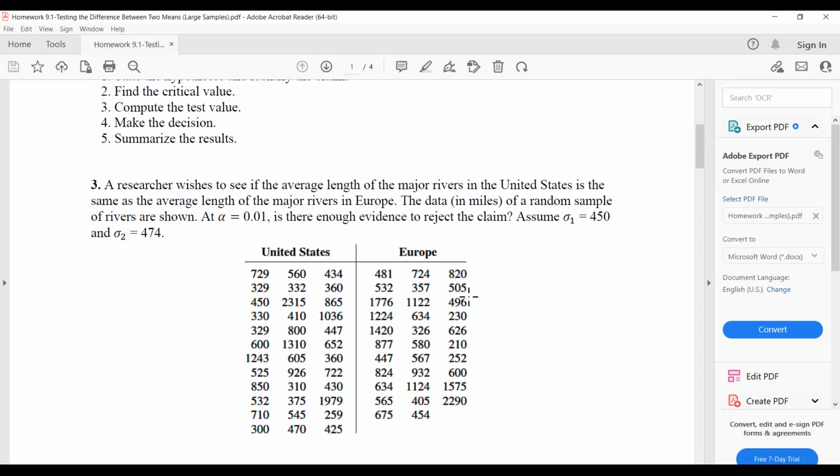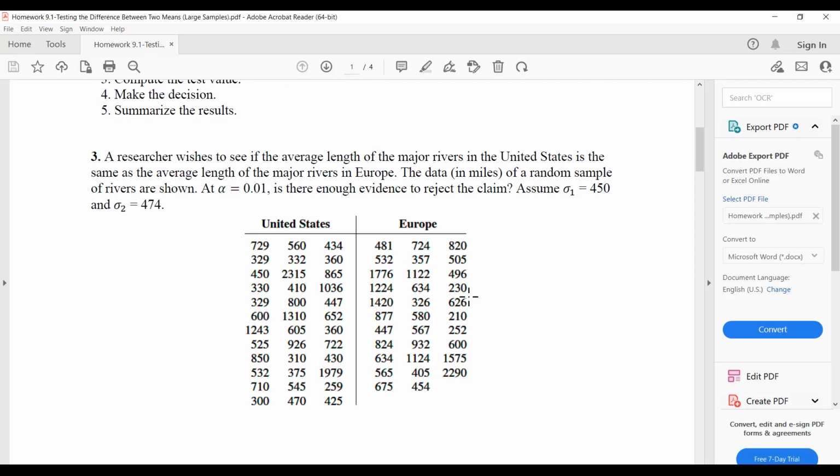Here is the data. We have 2 sets of data, one for the US and one for Europe. It says a researcher wishes to see if the average length of the major rivers in the United States, so this is our group 1 over here, okay?